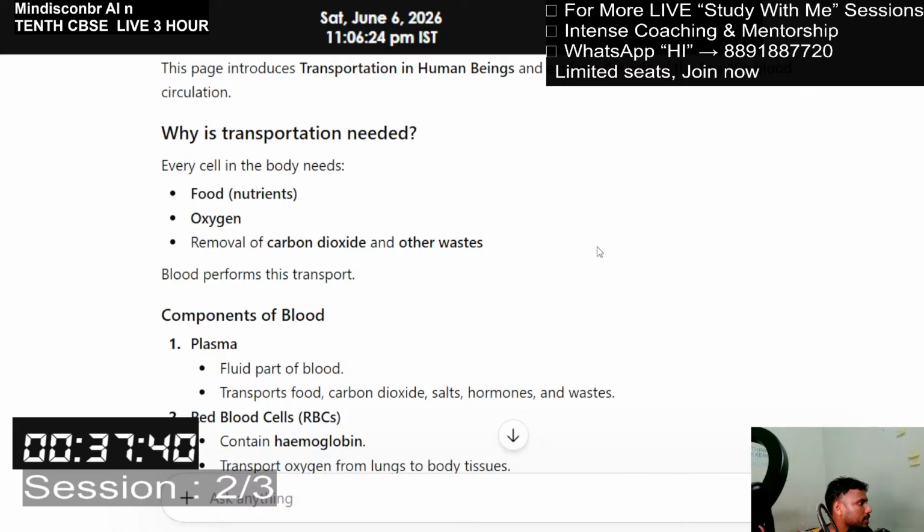Why is transportation needed? Every cell in the body needs food, nutrients, oxygen, and removal of carbon dioxide and other wastes. Blood performs this transport.